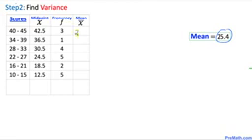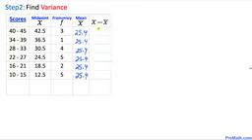Let me just write it down over here, 25.4 across the board. And now in the next column, we are going to find the difference between x and x bar.